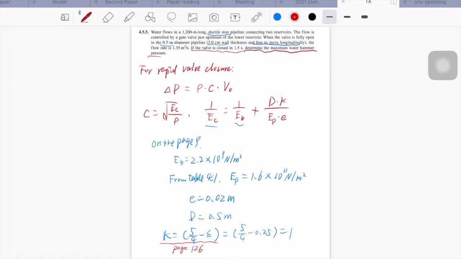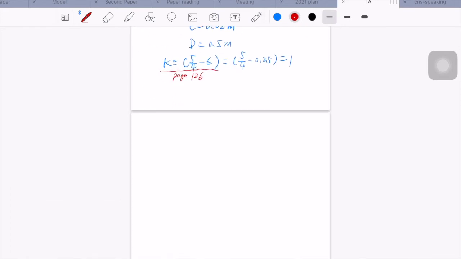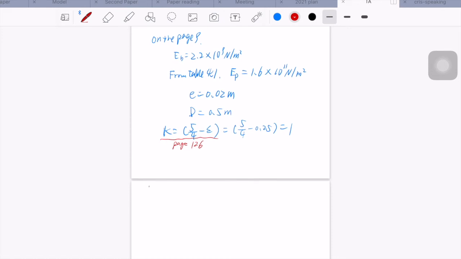And now we can calculate the 1/EC equals 1/(2.2 times 10 to the power of 9 Newton per square meter) plus (0.5 meter times 1) divided by (1.6 times 10 to the power of 11 newtons per square meter times 0.02 meter).